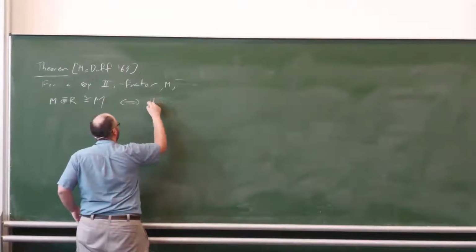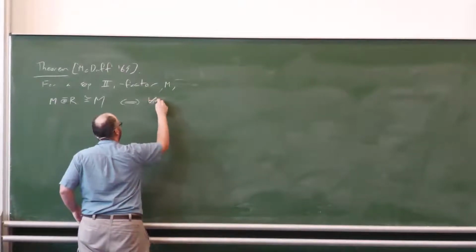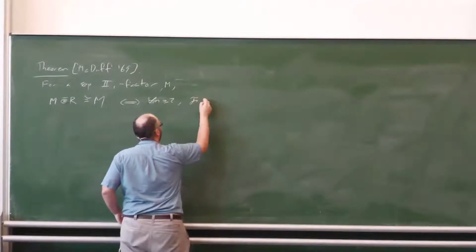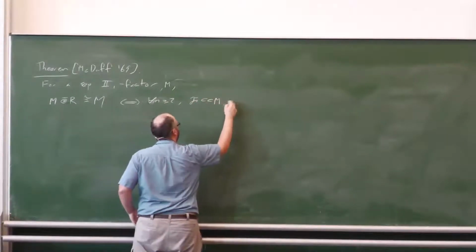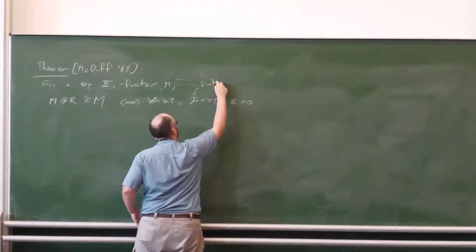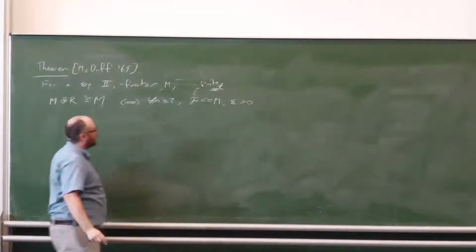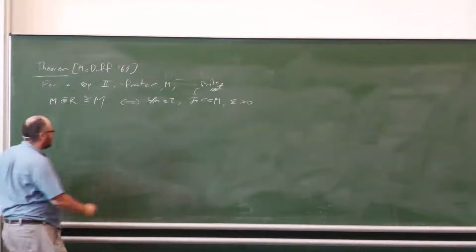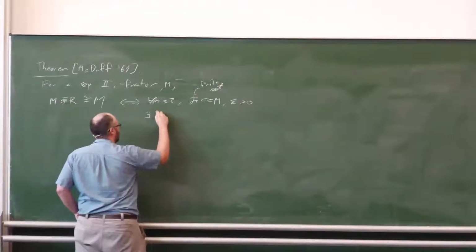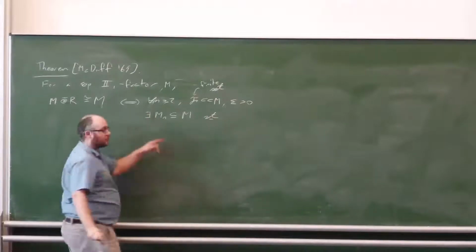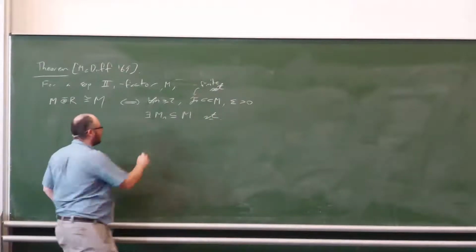But for any n at least 2, for any finite subset F of M, and any positive epsilon, there's a copy of the n by n matrices inside of M, which almost commutes with my given finite set.